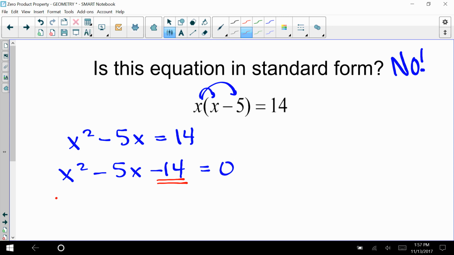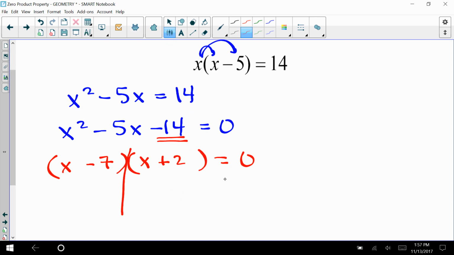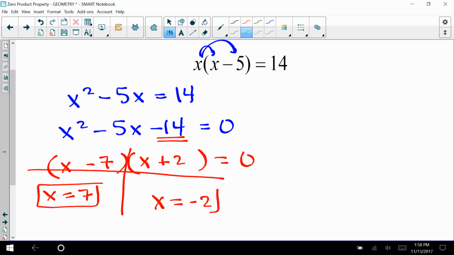So pause and finish this one on your own. So when you solve, we should get x is 7 and x is negative 2.